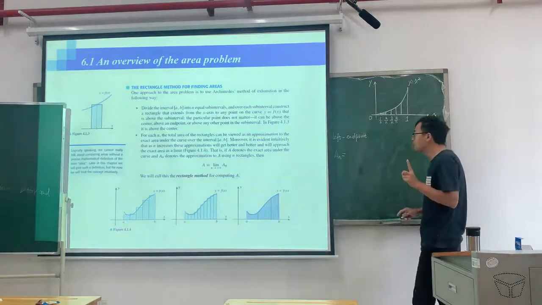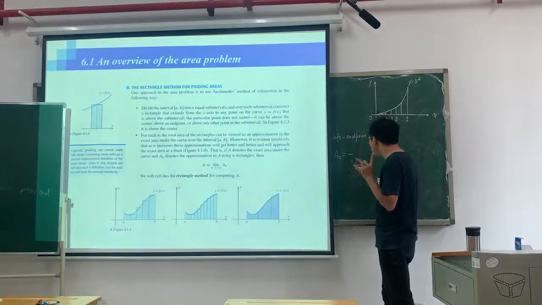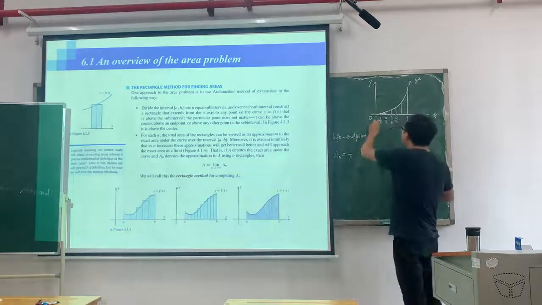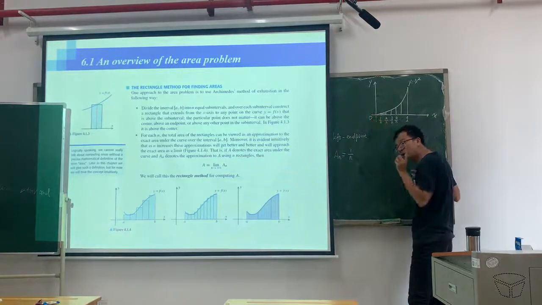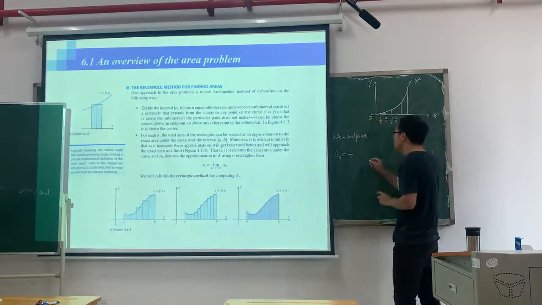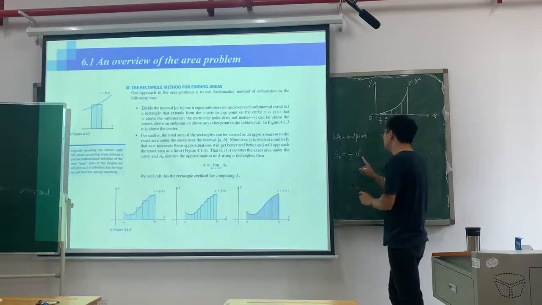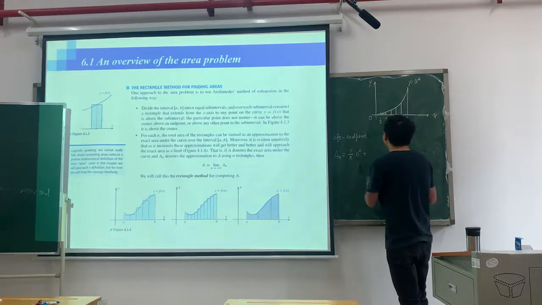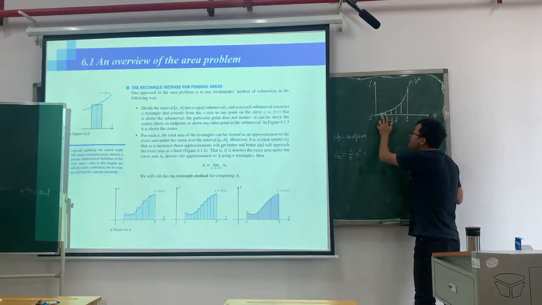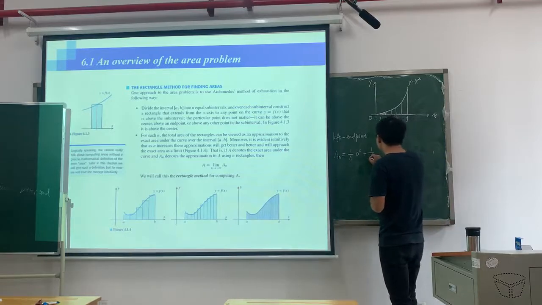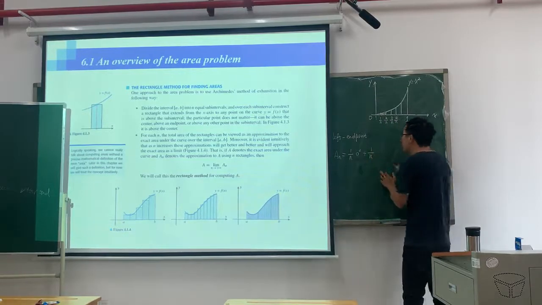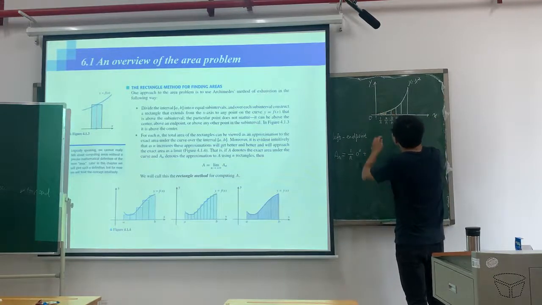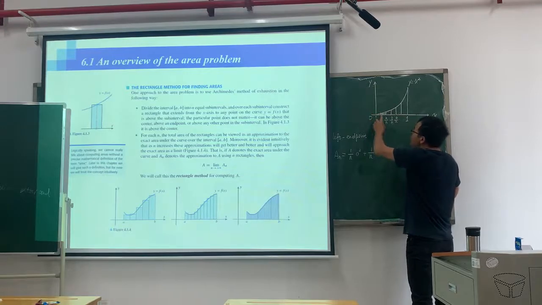For the first rectangle, the width is 1 by n and the height is 0 squared, since we use the left endpoint. So this is the area of the first rectangle. For the second rectangle, the width is also 1 by n, and the height is this part, the function value at the point 1 by n.